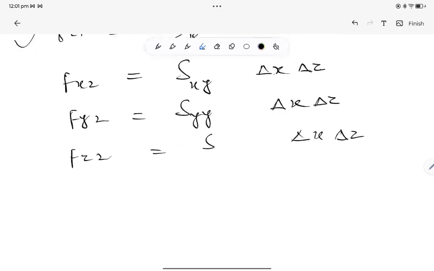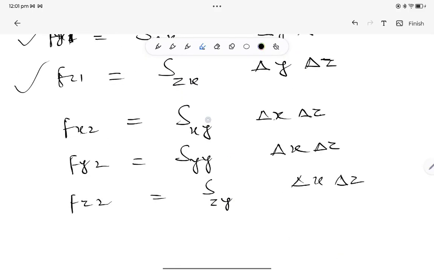Once again you have three constants of proportionality.